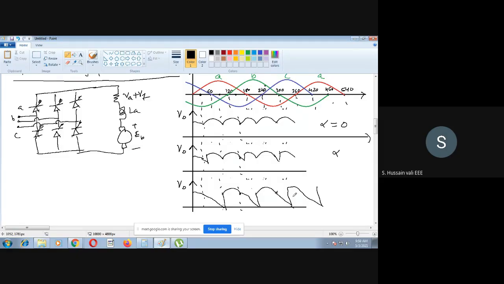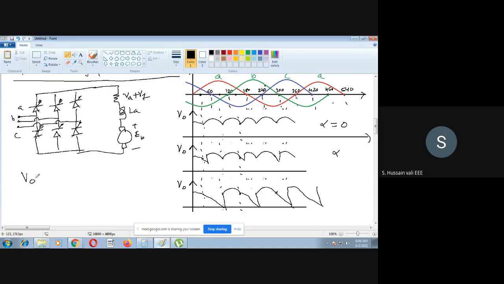What is the advantage here? You'll find out that the V naught value is a little bit different from the semi-converter. So you have seen even in the previous classes of the full converter, in case of the separately excited motor, what expression you got.